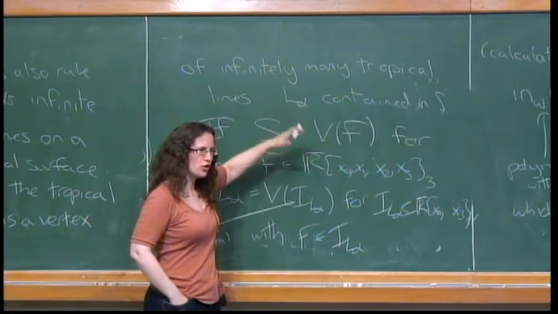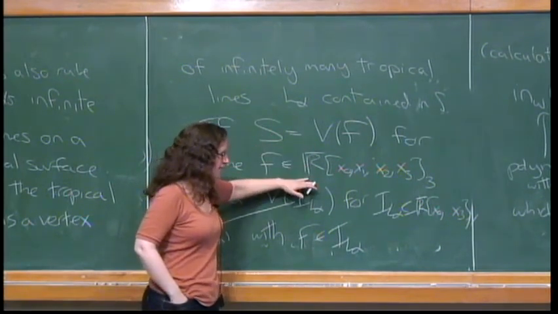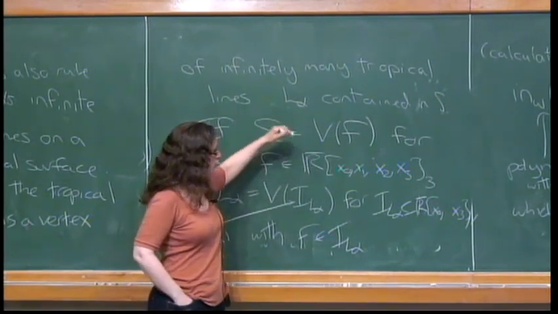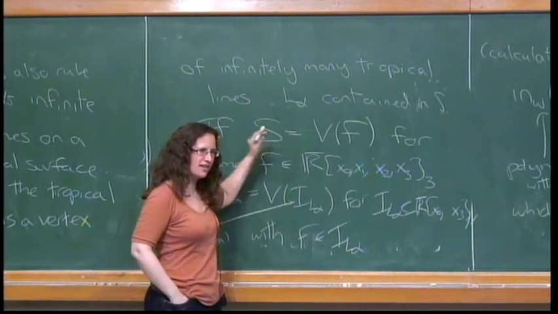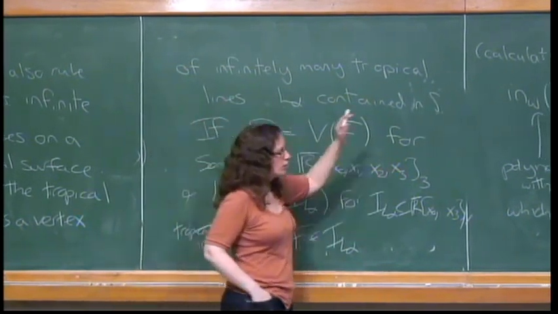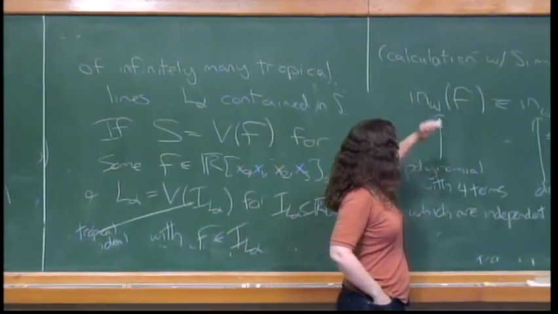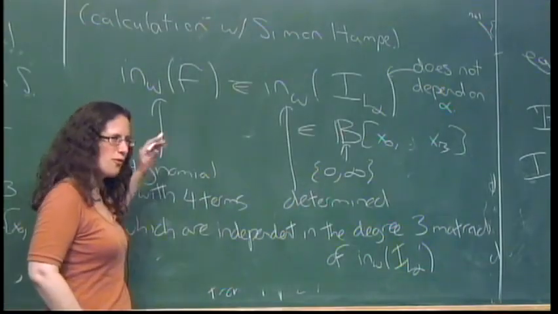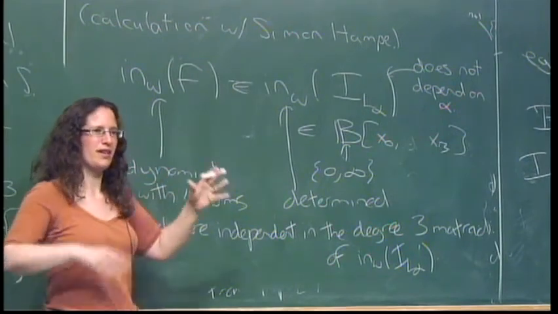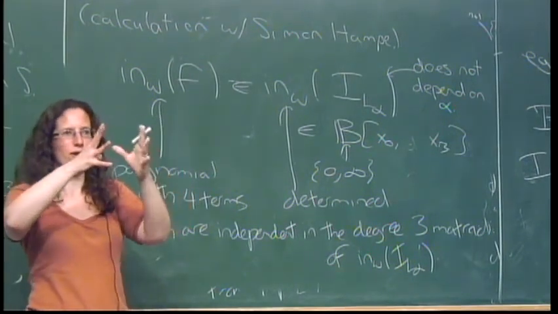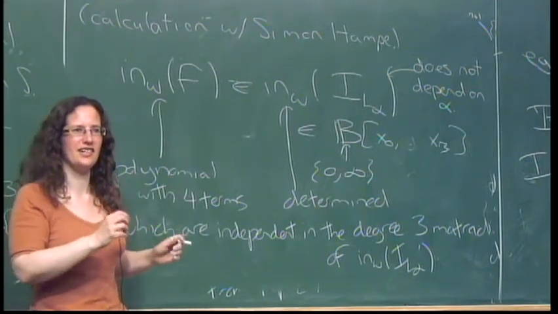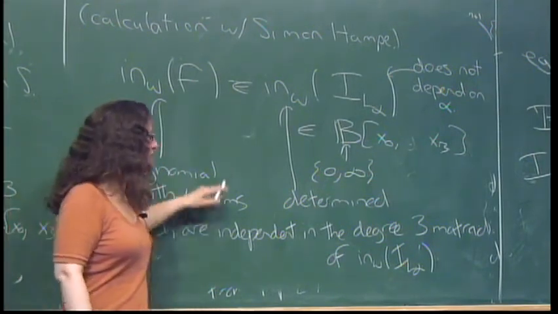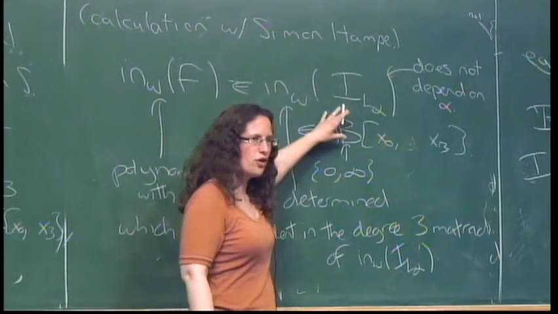So in particular, when you tropicalized, you'd get a tropical ideal of a line containing my polynomial F. When you pass to the initial term, you get a specific polynomial with 4 terms. For those who've thought about tropical cubic surfaces, this is the vertices of the simplex corresponding to that vertex. Here, we also know what that line is.